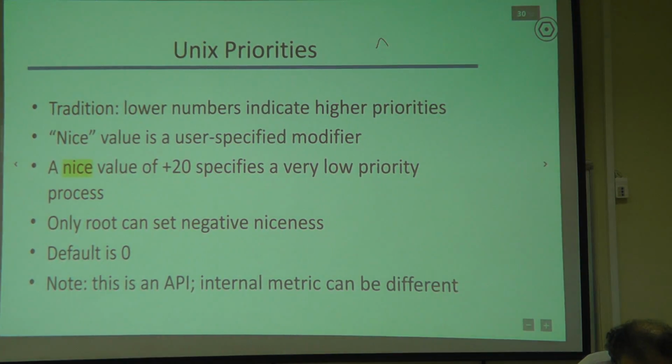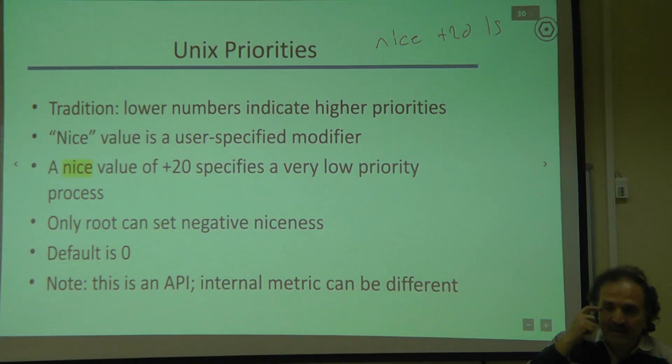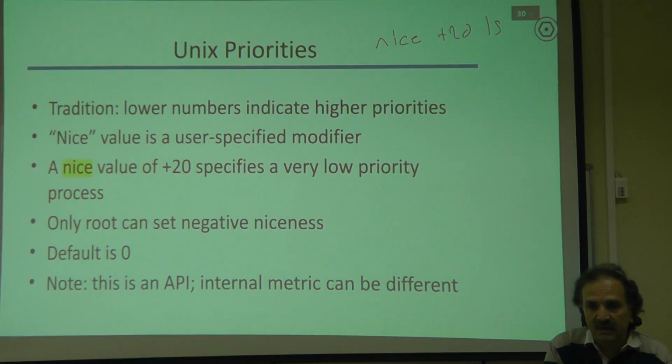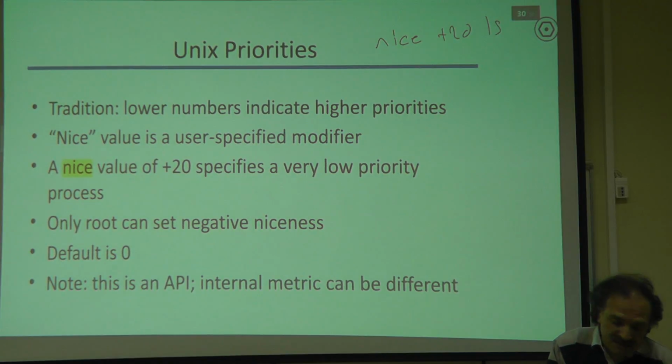When you say nice plus 20 ls, it runs the command ls, the list of the directory, but it runs as a lower priority task. You can lower the priority of your process using this nice.